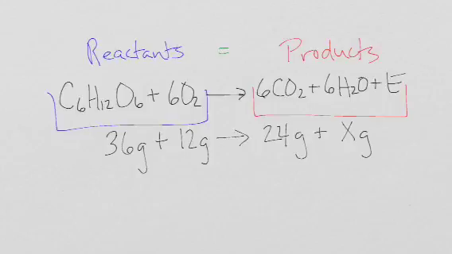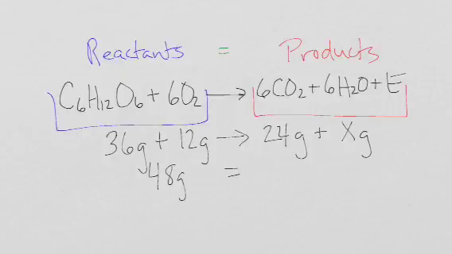The law of conservation of mass states that whatever reactants you start with, you have to have the same amount and the same kind of products. So if I tell you that you've got 48 grams of reactants, you're going to need 48 grams of products, and you only have 24 there.